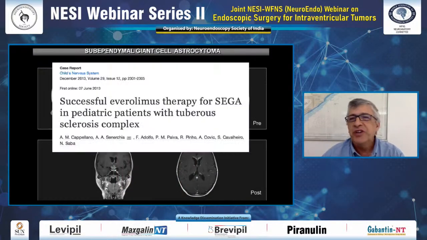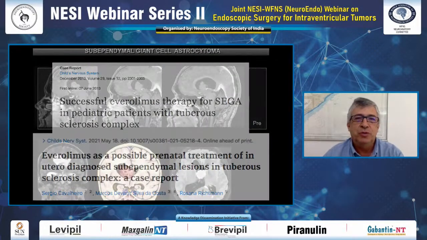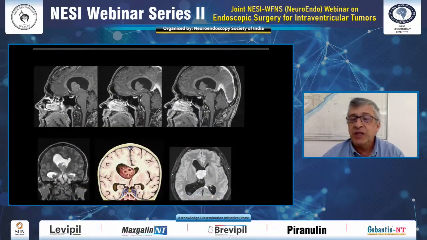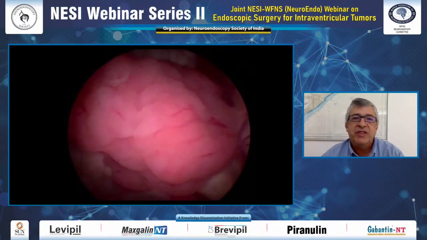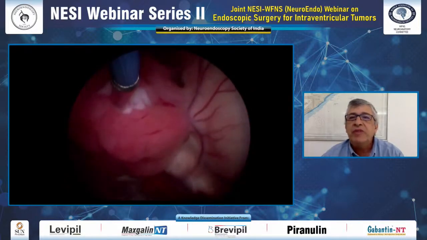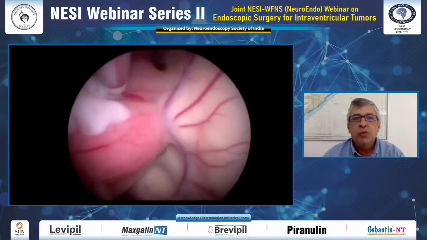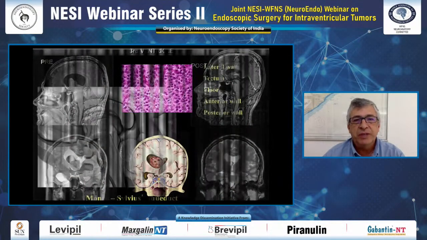Of course, you can use everolimus, and you are beginning to use everolimus in the prenatal period to stop the growth of this kind of tumor. Some neurocytomas you can coagulate first, because this tumor is very vascularized. You need to remove all the vascularization. Then with CUSA, you can try to completely resect this lesion, pre- and post-operatively.